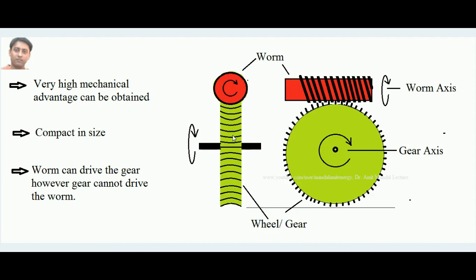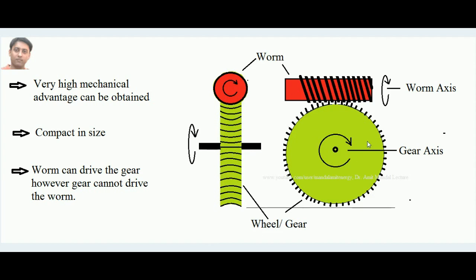So the periphery of this gear is made up of nut-like threads, and this is a bolt, which is technically called the worm, and this is the gear of the worm. So actually it is a sort of nut bolt arrangement only. The spinning of this worm will start pushing this gear in the corresponding direction, because the periphery of this gear is made up of nut-like threads, acting as a nut threading.